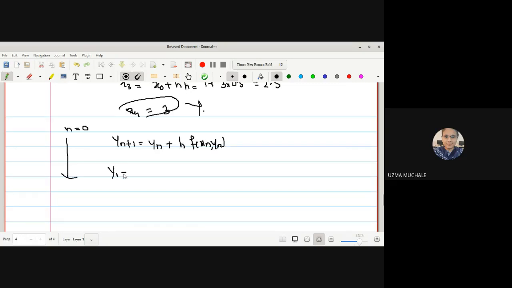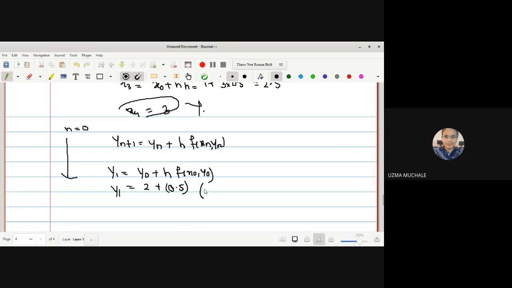For n equal to 0, this will be y1 equal to y0 plus h into f of x0, y0. What is the value of y0? We have y of 1 equal to 2 from the initial condition, and h is 0.5.